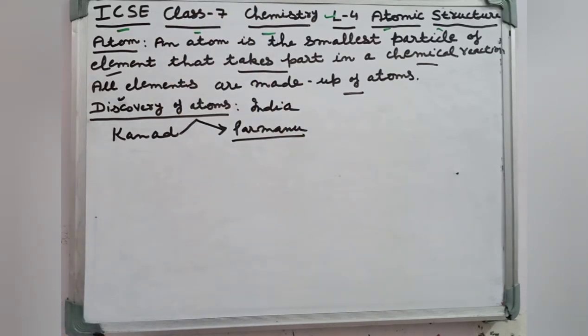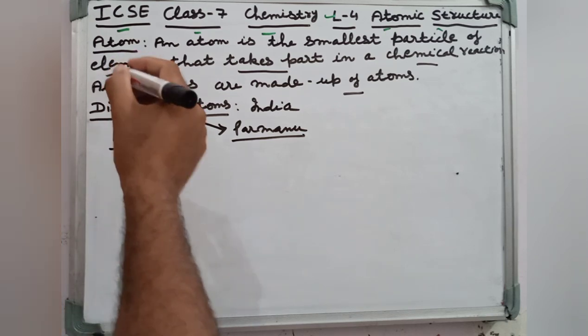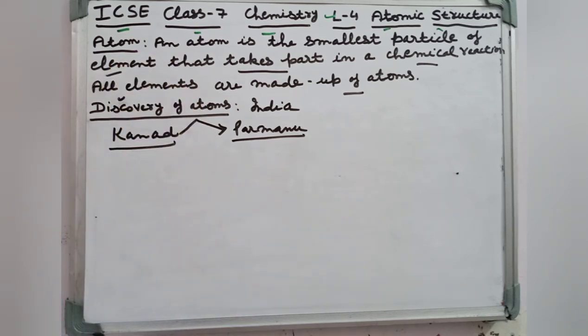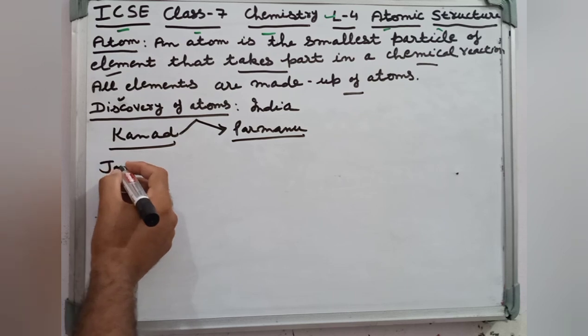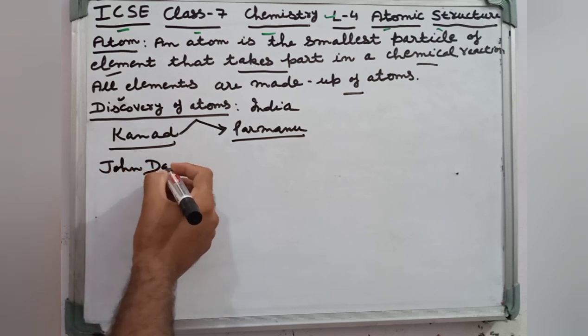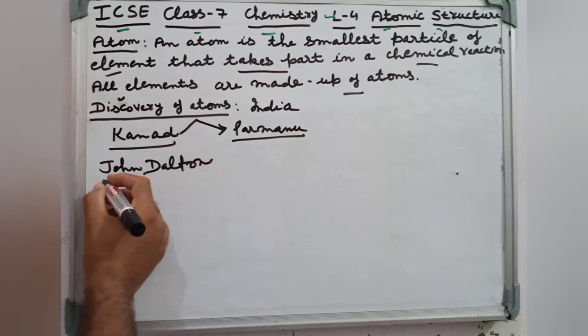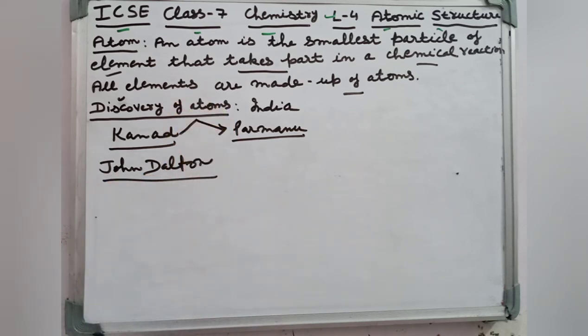Now, when Kanad defined the atoms as Parmanu, then all the chemists of the world started to discover in this way, right? Later on, John Dalton was the next.